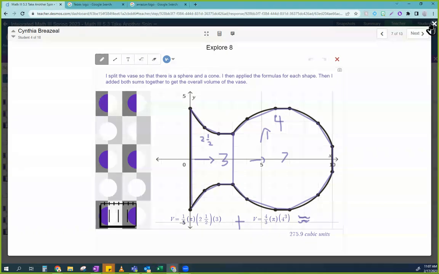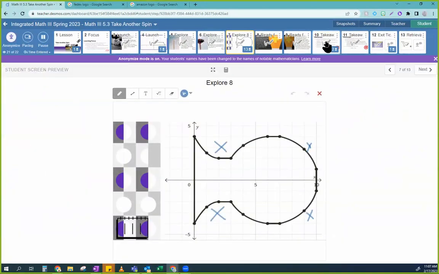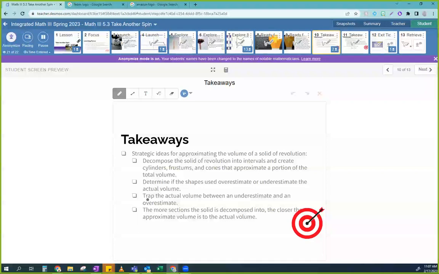And then you all learned how it approximates, right? Trap the actual volume between an underestimate and an overestimate. This is what we're going to continue to work on.